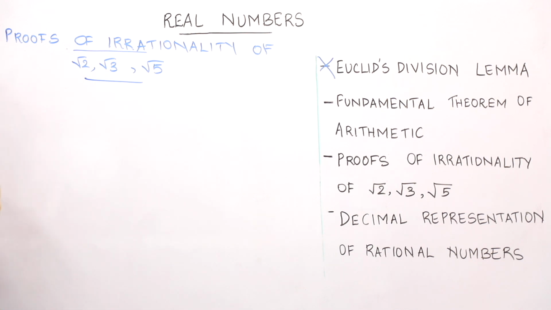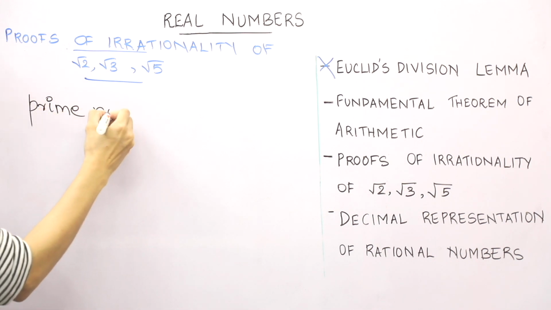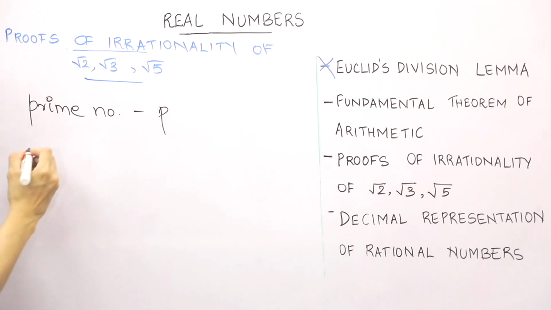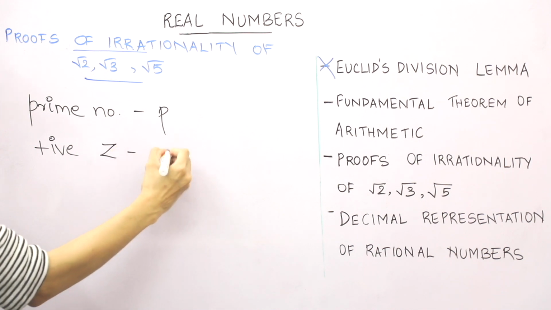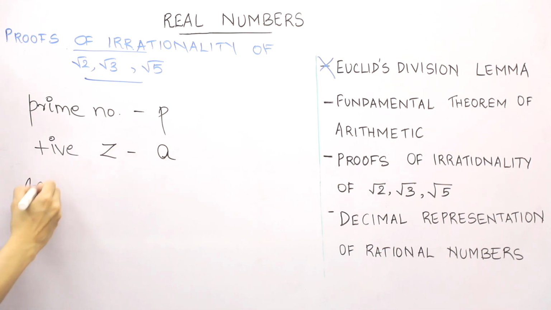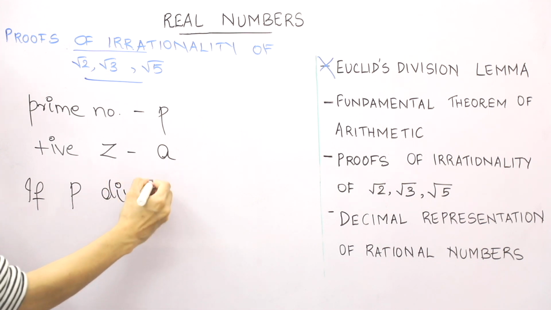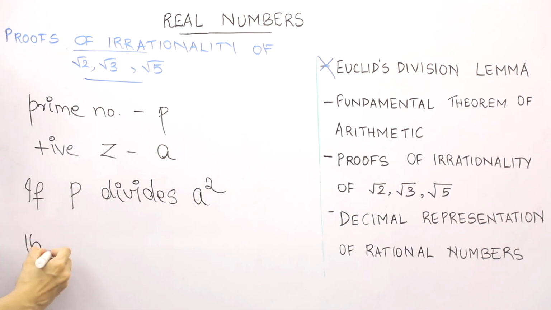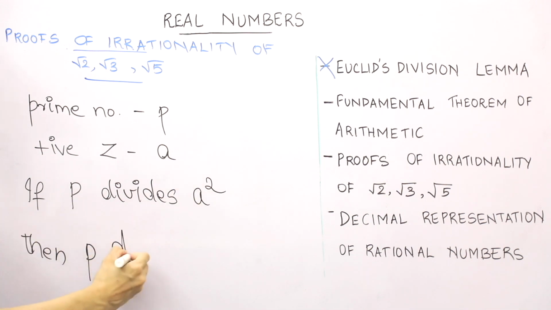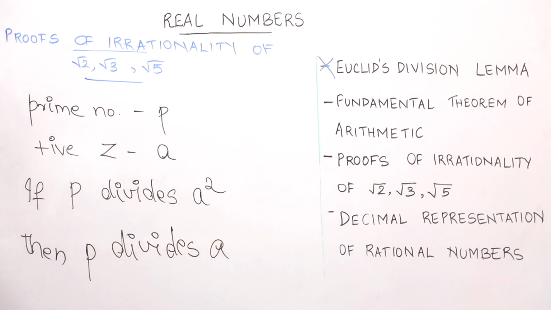The theorem states that for a prime number p and a positive integer a, if p divides a square, then p divides a.